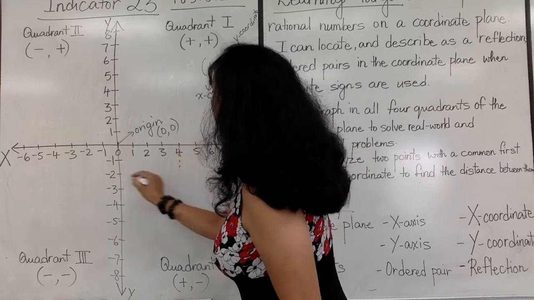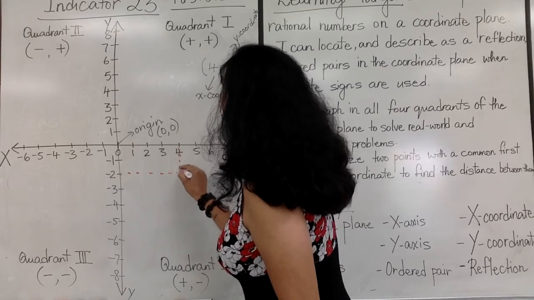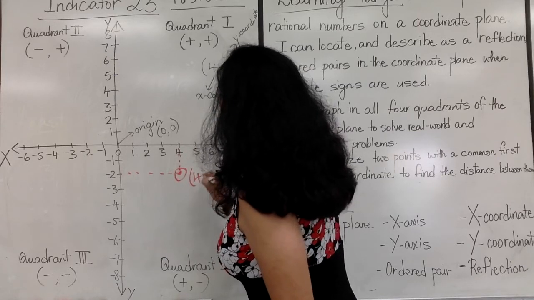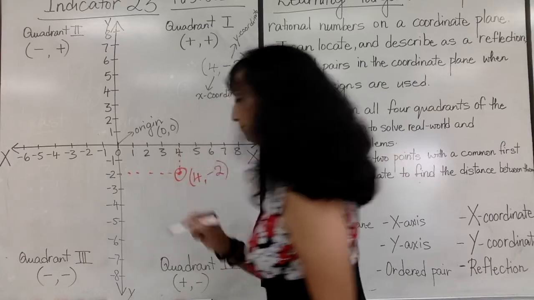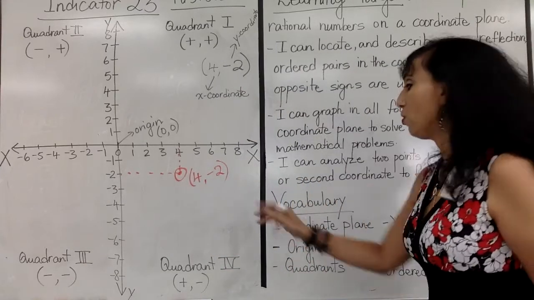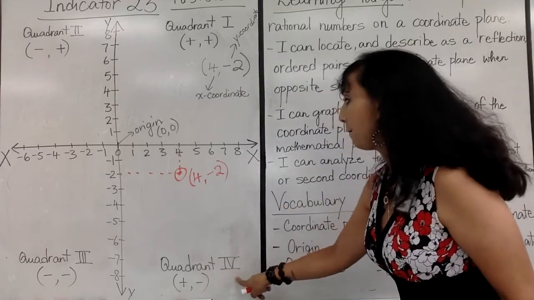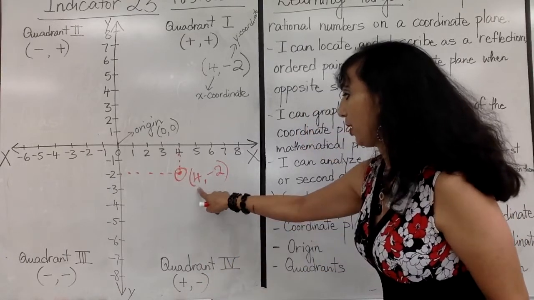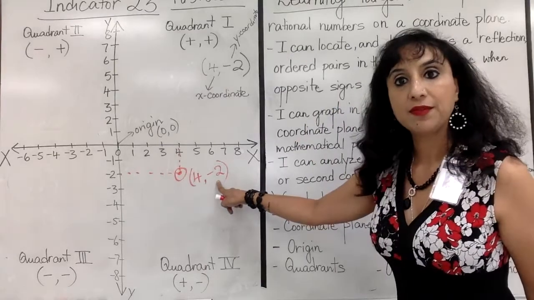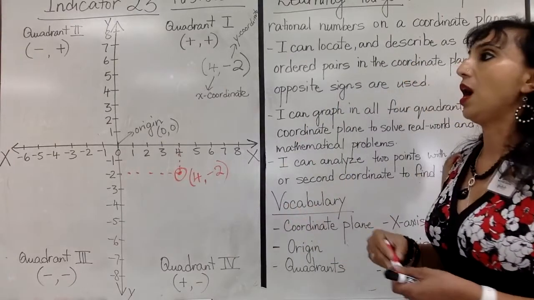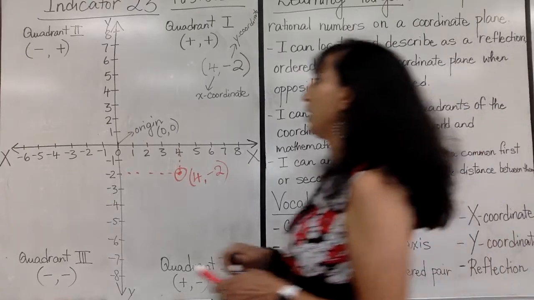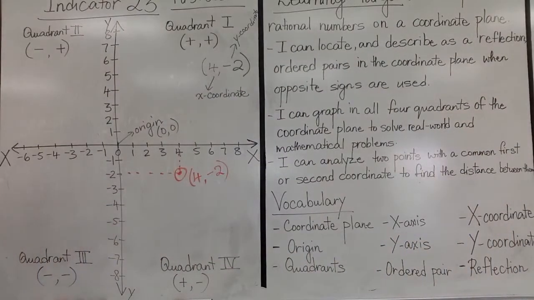So this is my 4, -2. And look what I wrote for quadrant 4: my x is always positive, my y is always negative. So look, positive, negative.